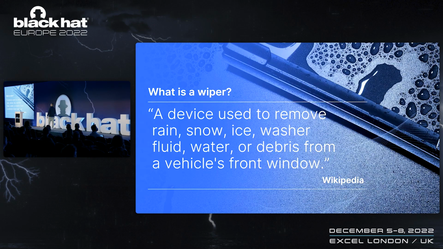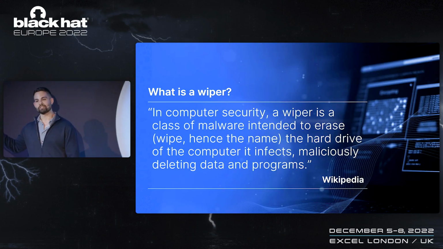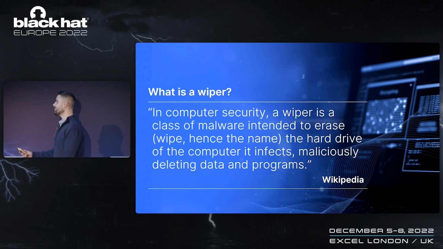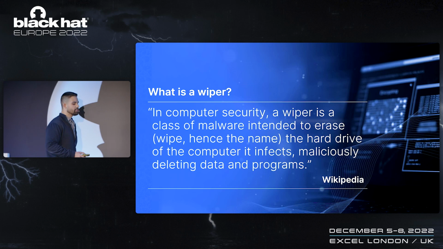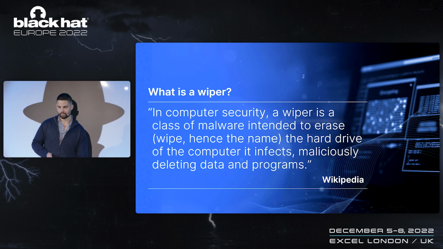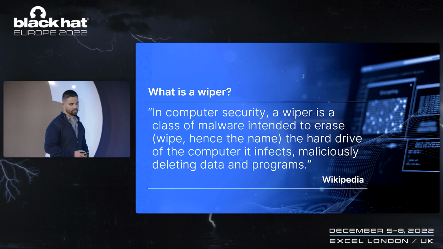But that is not the wiper that we're going to talk about today. We're going to talk about wiper malware. And according to Wikipedia, again, in computer security, a wiper is a class of malware intended to erase the hard drive of the computer it infects, maliciously deleting data and programs. Now, I'm sure that's no surprise to any of you if you came here, but I just wanted to make this clear.